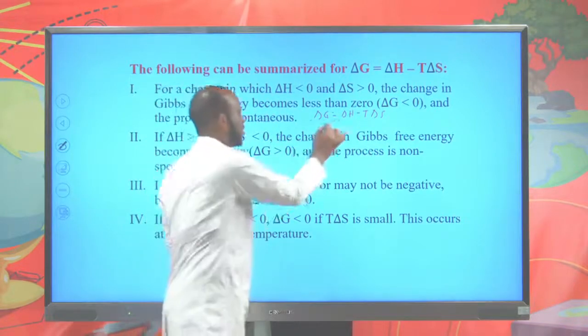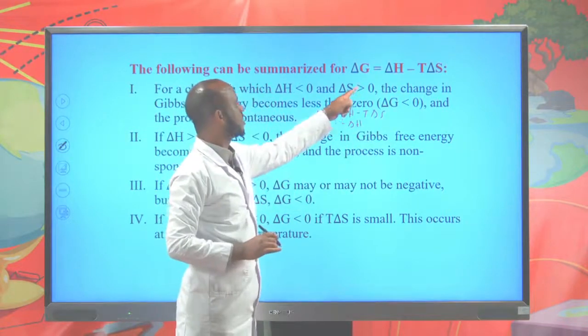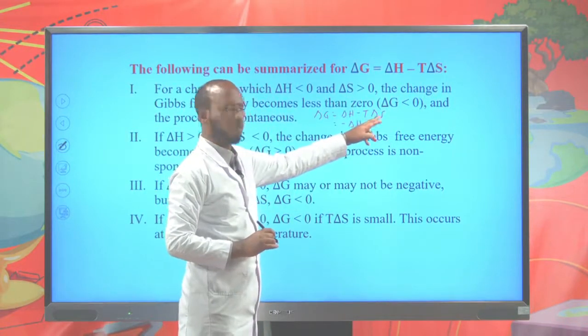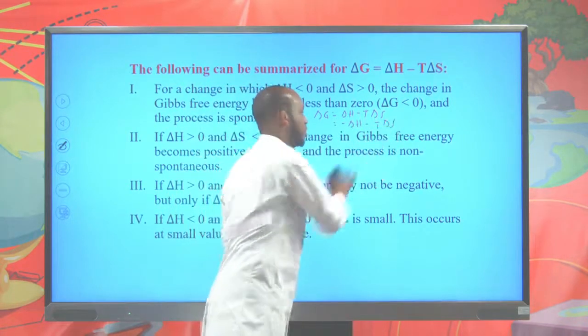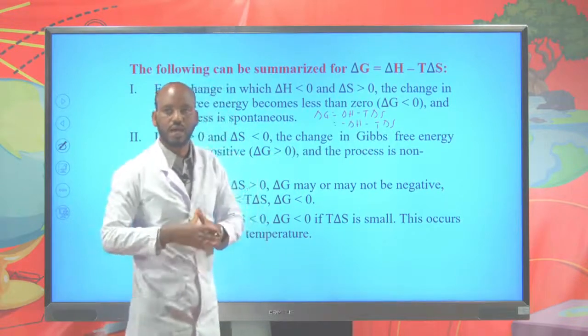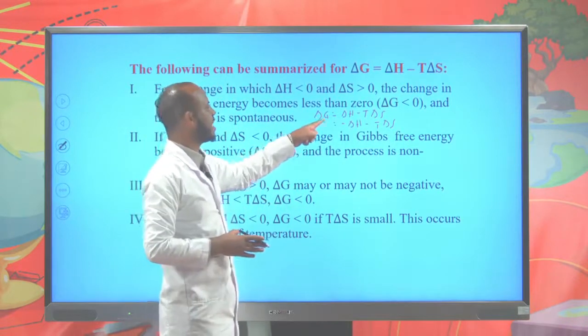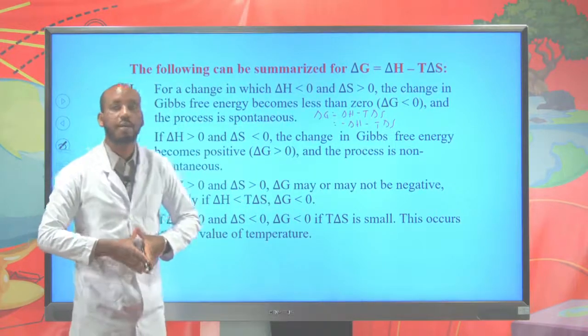Delta S greater than 0 is positive, and minus T times delta S is positive times negative, which is negative. Negative plus negative is always negative. Therefore, the Gibbs free energy change delta G is less than 0 for all temperatures.